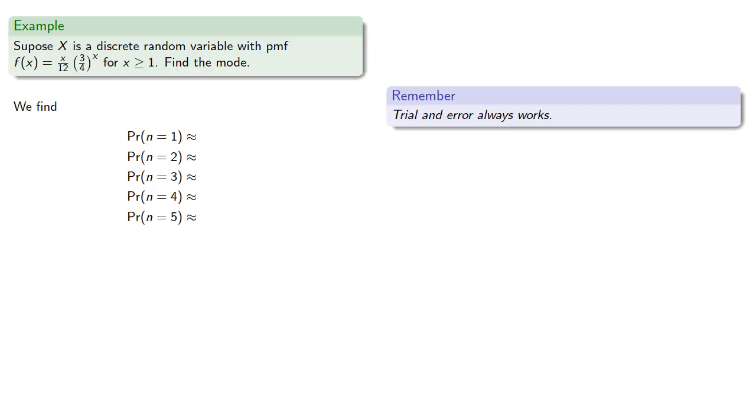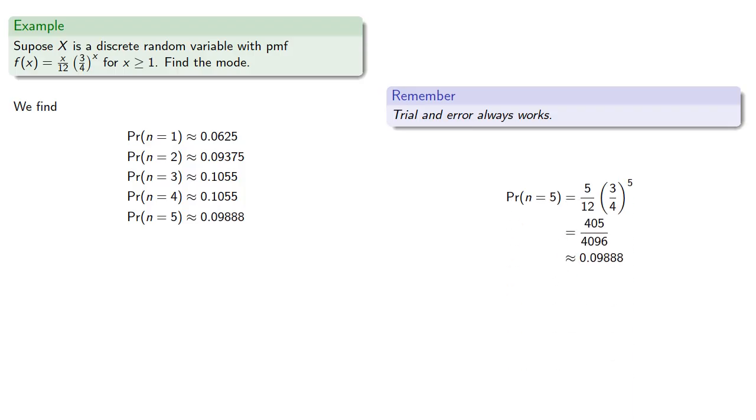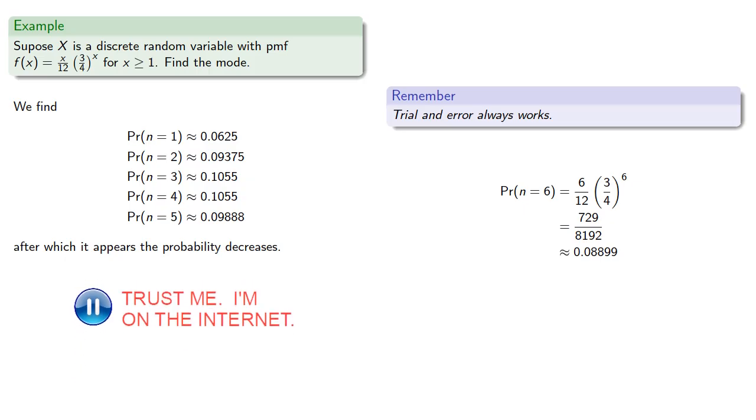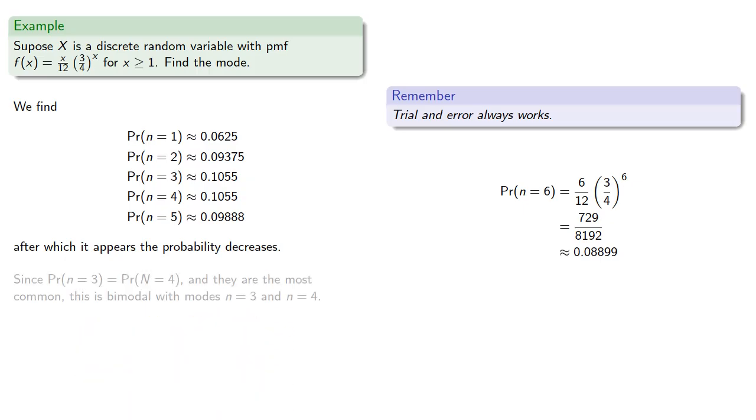And so we find after which it appears the probability decreases. Now, since the probability that n equals 3 is the probability that n equals 4, and they are the most common, this distribution is bimodal with modes at 3 and 4.